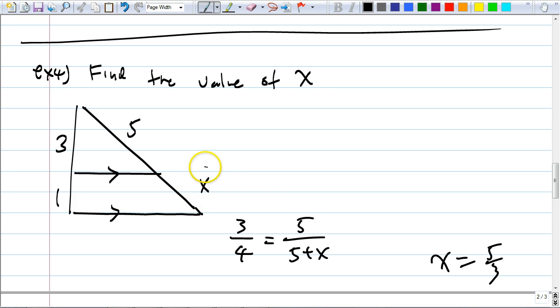Does that make sense? You have to compare the small one with the big one. This is 3 to 4 as to 5 to 5 plus x. Does this make sense?